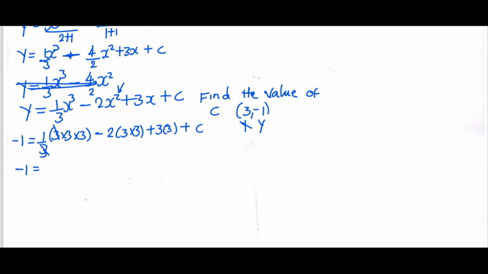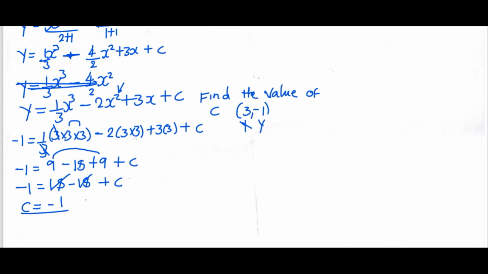Then 3 times 3 gives us 9 times 1, here we have 9, minus 3 times 3 is 9 times 2 will give us negative 18, plus 9, then plus c. If we add these numbers, 9 plus 9 will give us 18 minus 18 plus c. So you can see that these two will cancel. So c is equal to negative 1.